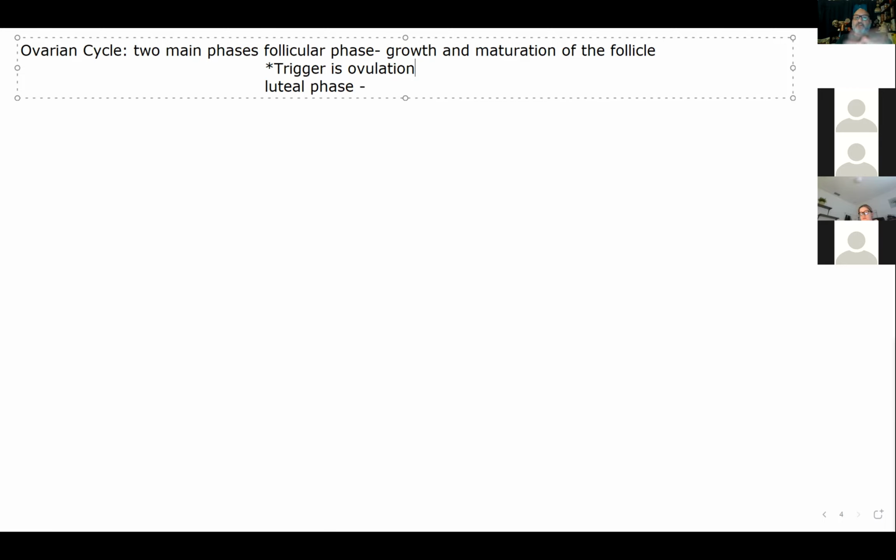So you're right, those events are occurring with the egg. That egg has to be ovulated, but after the egg is ovulated, it's no longer in the ovary anymore. So we kind of don't care about it anymore. For the ovarian cycle, we're caring about what's happening in the ovaries. And while the egg has been released, many of those follicle cells remain. But what happens to those follicle cells?